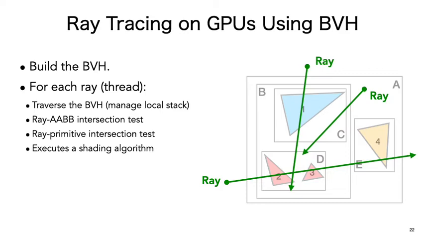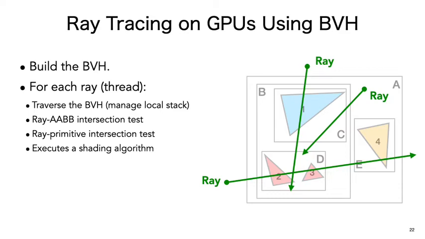What each thread does would be to first traverse the BVH, which requires managing the local stack, and perform a sequence of ray AABB intersection tests. Once it gets to a leaf node of the BVH, it would do ray primitive intersection test. For instance, in the case of triangular mesh, it would perform ray triangle intersection test, and it would execute, for instance, a shading algorithm to calculate the color.